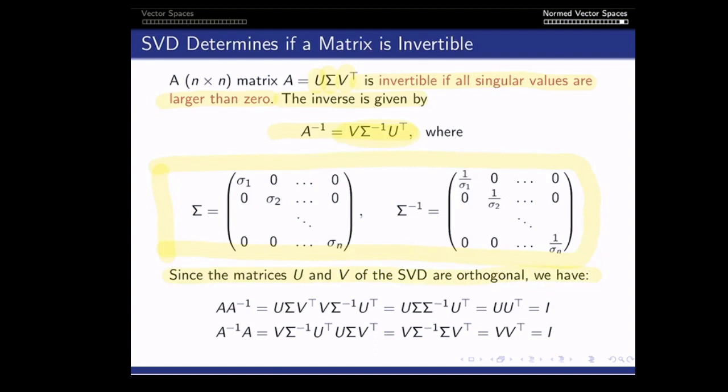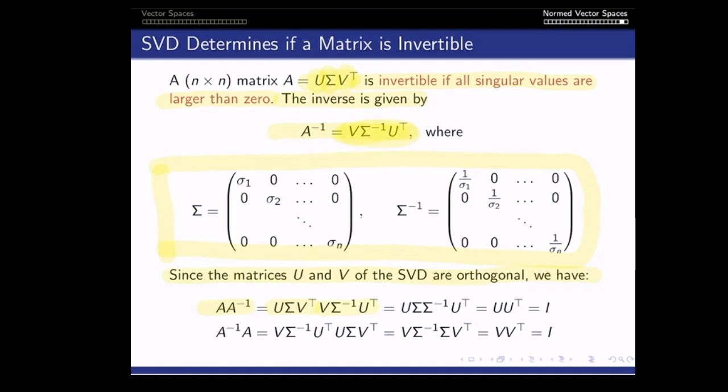We do this by checking A times the supposed inverse of A. We insert the definition of the decomposition of A, given at the top, and multiply it with the definition of the inverse.